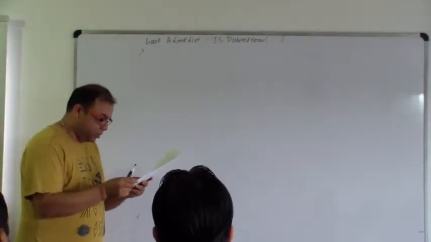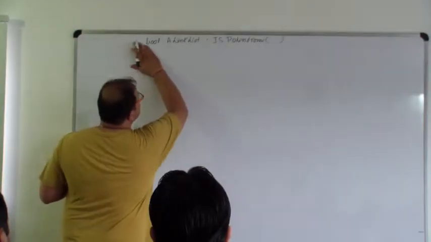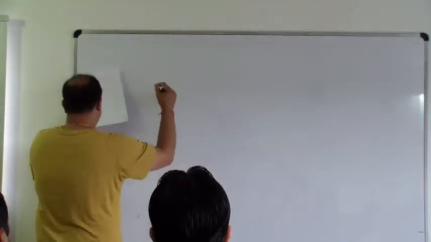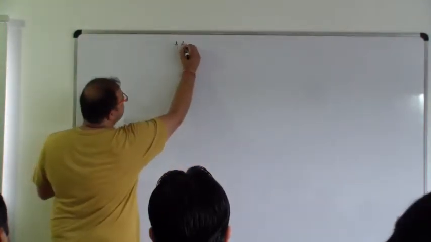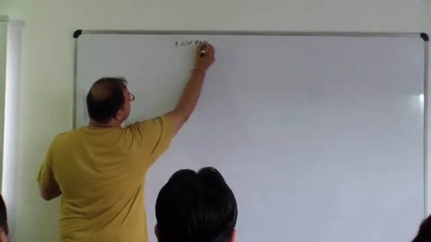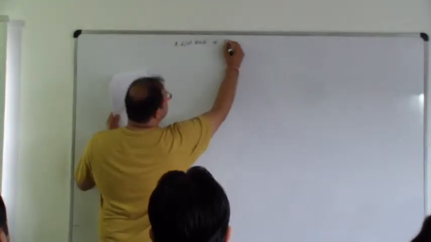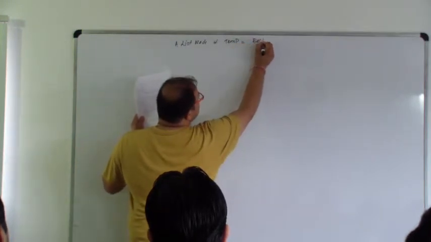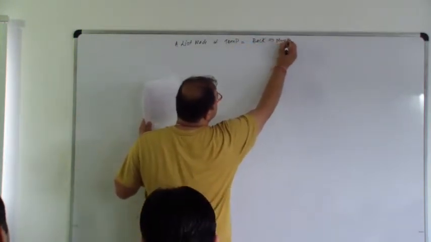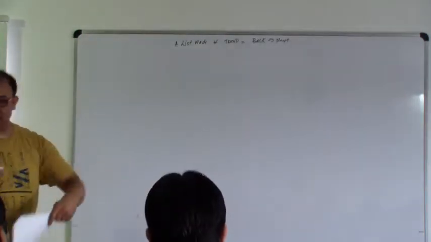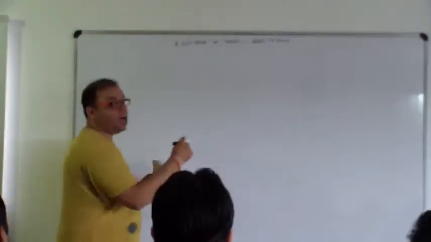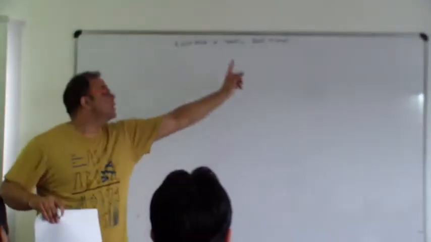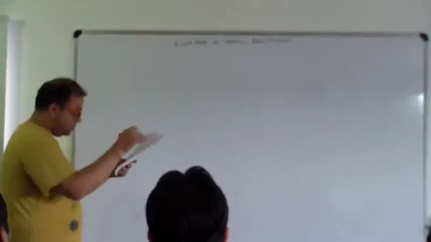Okay, and then we will have a list node star temp is equal to back arrow next. So at this point, back is at the middle. So I will take the middle arrow next and I'll store it in a temp variable.